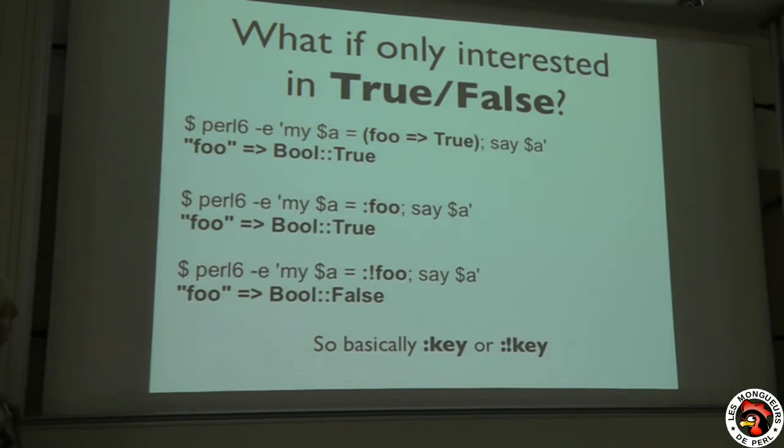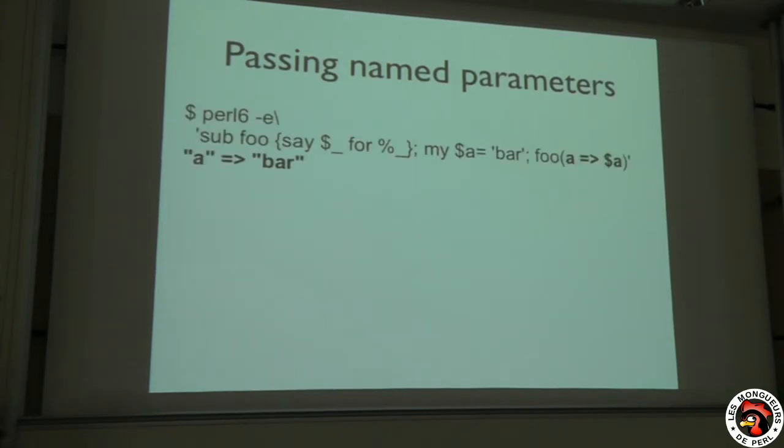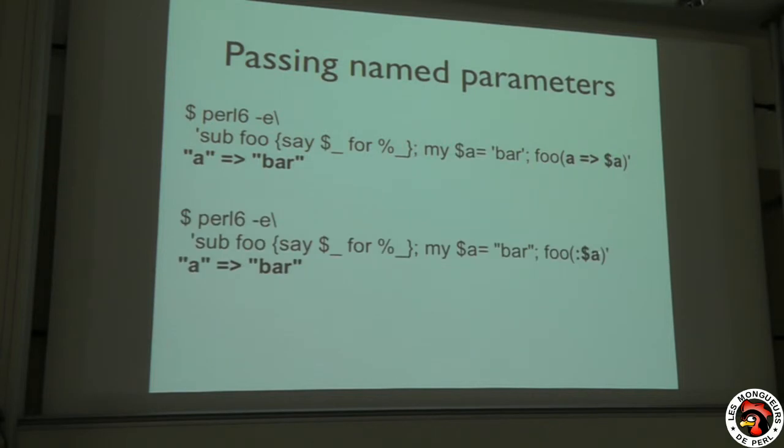So if you want to pass named parameters to a subroutine, like here, you can specify this as this. Sorry. Yeah, that's like this, because if $A contains bar, this is the trick here: if I say colon $A, it's actually a pair with A, with the value of $A.